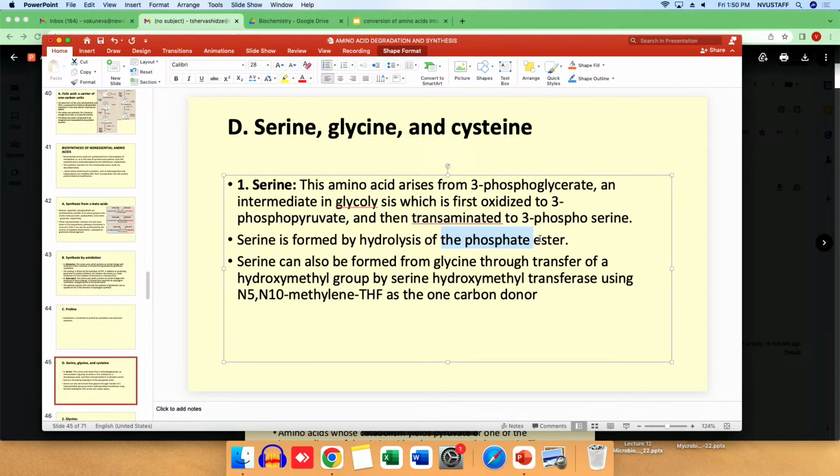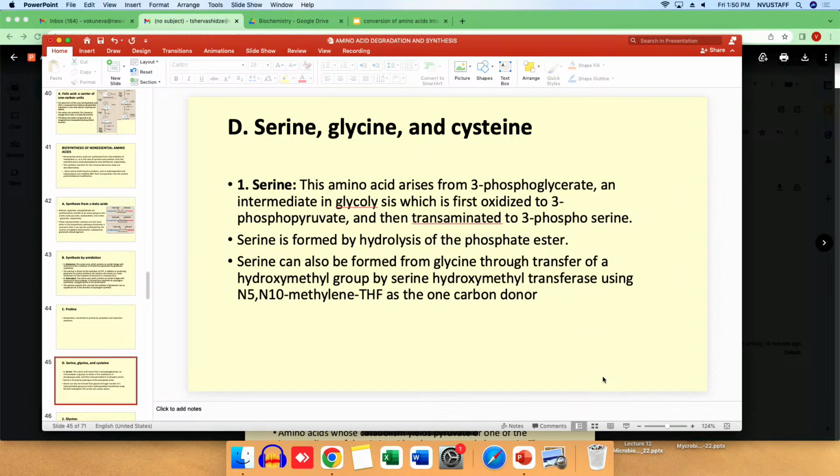Of course, it's multiple steps. First of all, 3-phosphoglycerate is an essential initial part. This 3-phosphoglycerate is derived from glycolysis, and then we need to create 3-phosphoserine, a phosphate ester. Cleavage or hydrolysis will give us a serine.